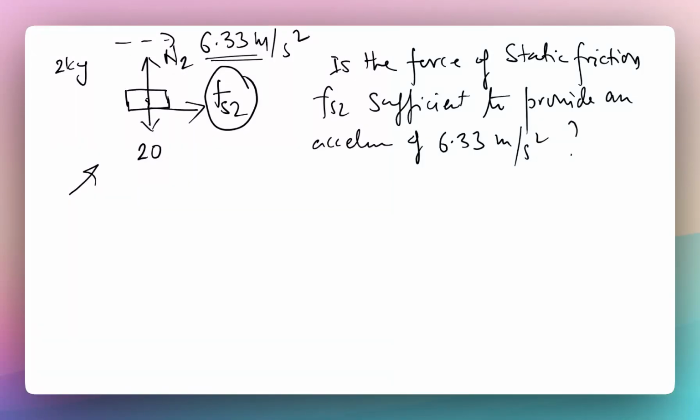If it is, then the block will not slip. If it is not, then it will slip, because the whole system will try to go with a higher acceleration, and we will not be able to hold it, right?